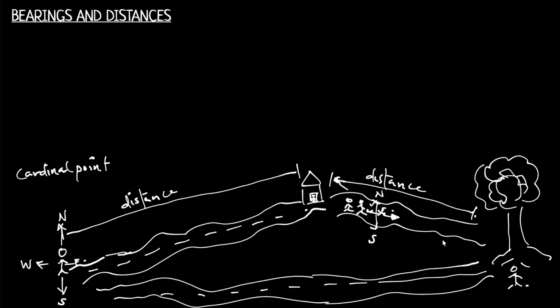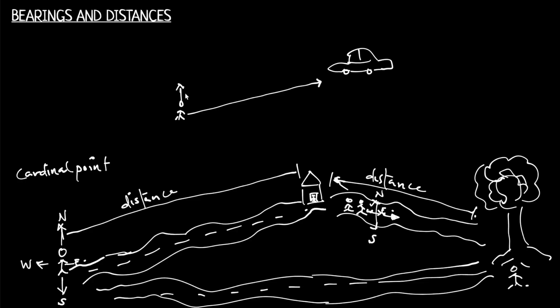Now, by definition, bearing is the direction you travel between 2 points, but is usually measured as an angle in degrees. So which means that if you have to move from where you are to somewhere else, maybe to where your car is parking, then you have to move at a particular angle.